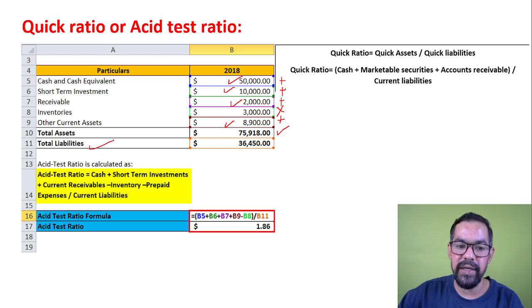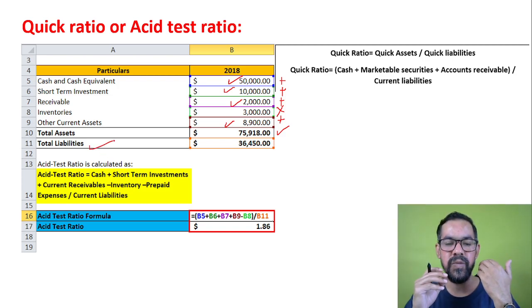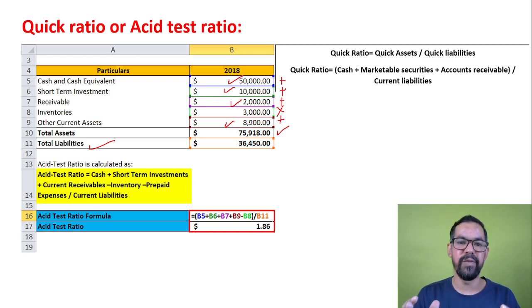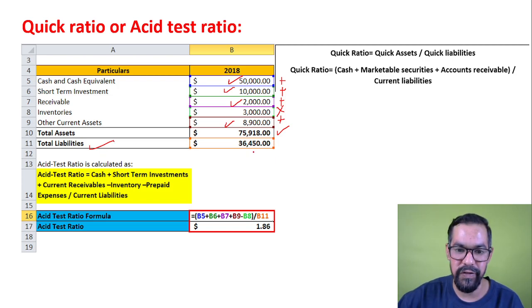And current liabilities, after adding the payroll payables or the salaries, payroll taxes, income taxes, utility expenses, or any other current expenses of that company, the total amount is 36,450 rupees.